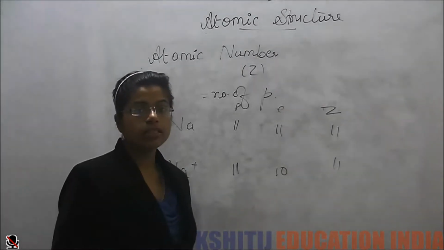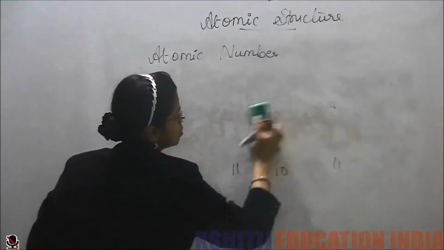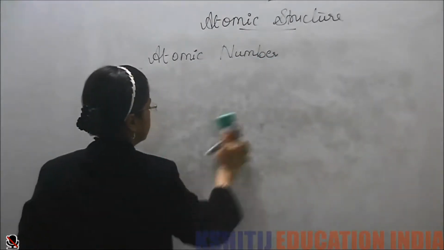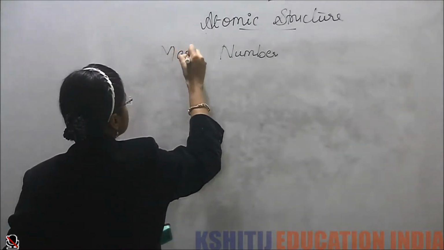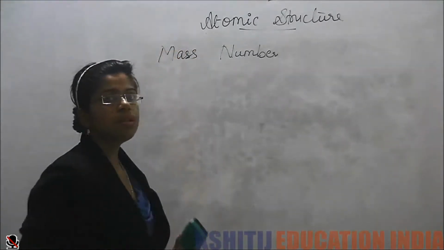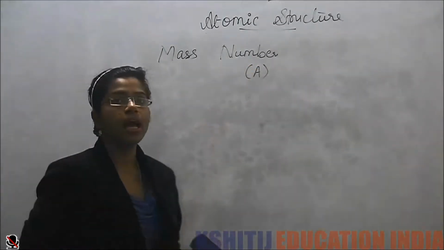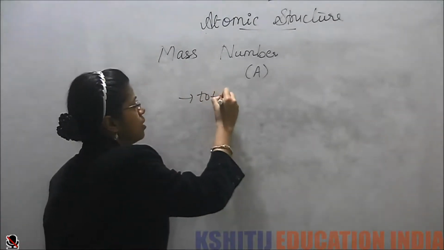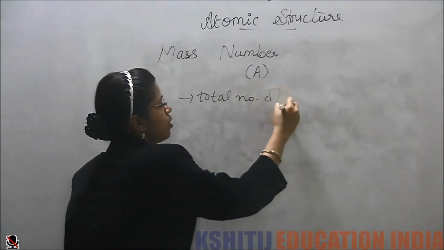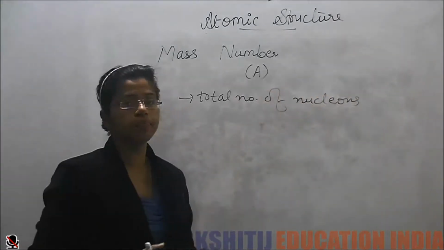Then the next terminology that we would see is mass number. Mass number is represented by A, okay, and it is defined as the total number of nucleons in any atom.